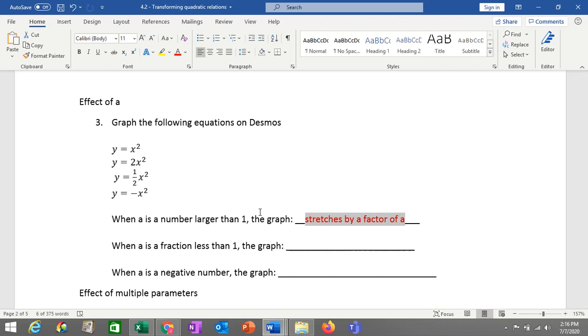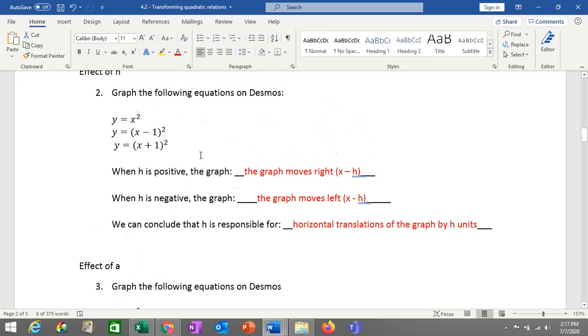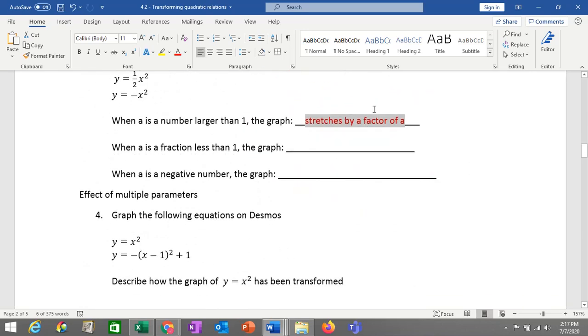Specifically, you're multiplying this part of it here by a. I'm not going to get into x or y yet. That's more of a grade 11 thing. But you're multiplying this whole thing by a, but not the thing on the outside. Okay, so it's a multiplication, so it stretches by a factor of a.